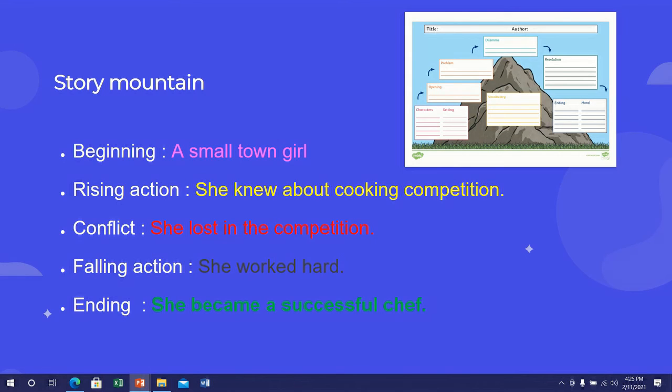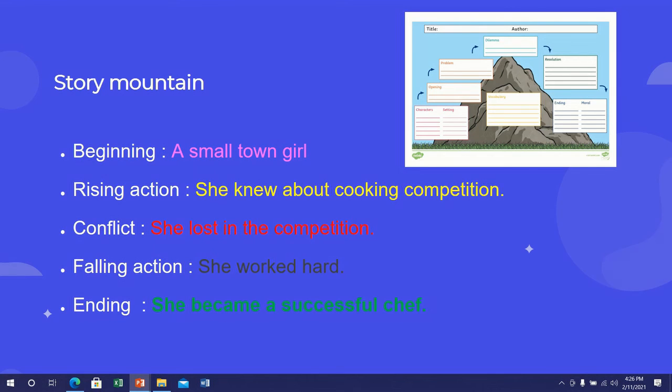It drives the story to really start. And in this picture, you can see that it is going up, rising to the peak.